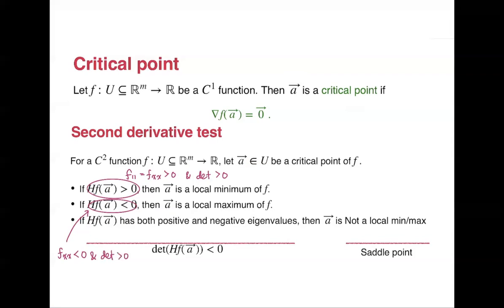Okay, and if the determinant of the Hessian matrix is less than 0, that is, this matrix has positive and negative eigenvalues at the same time, then this critical point is not a local maximum and not a local minimum. And this point is called the saddle point.